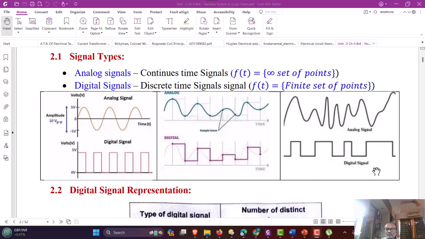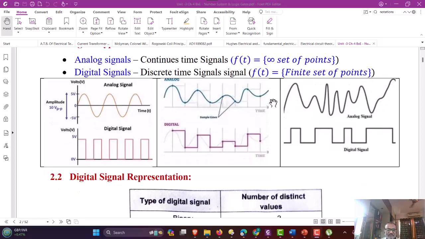By using only two values, the signal can be represented in this particular example. So in conclusion, we can say that analog signals are a set of infinite points, whereas digital signals are represented by a finite set of points.